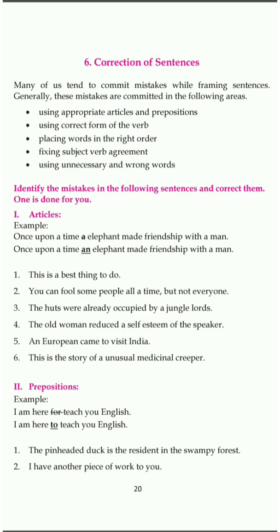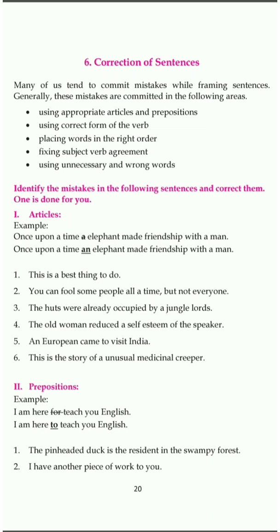Sometimes we write the in front of proper nouns, right? Again, that is wrong. Sometimes we write and before consonants. So we must have this knowledge. Then only we can identify the wrong word or the mistakes in a given sentence.